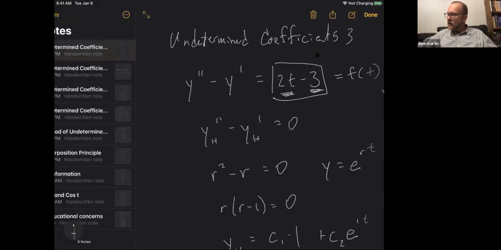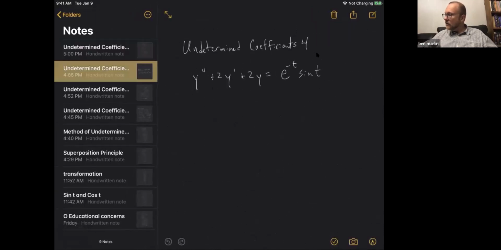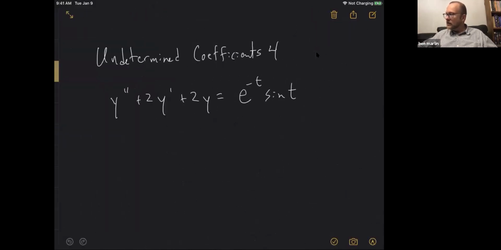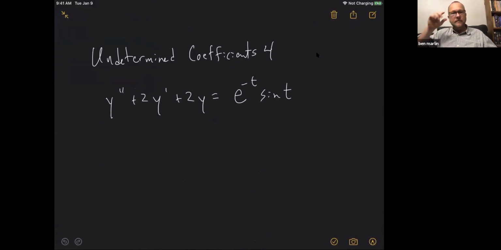So we're going to go over here to my undetermined coefficients example 4. And this time we've got y'' + 2y' + 2y = e^(-t) sin t. So again, if you were doing the homogeneous portion, you'd end up with r^2 + 2r + 2 that you're setting equal to 0.